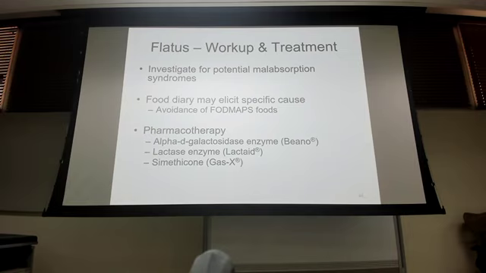There are a couple of over-the-counter options for you there: Beano, Lactaid, Gas-X, if you're having discomfort, gas, or excessive flatus. If it's chronic bloating and gas, start to consider maybe a malabsorption syndrome, but you could trial them on a decreased FODMAP diet first and see if that eliminates the issue.